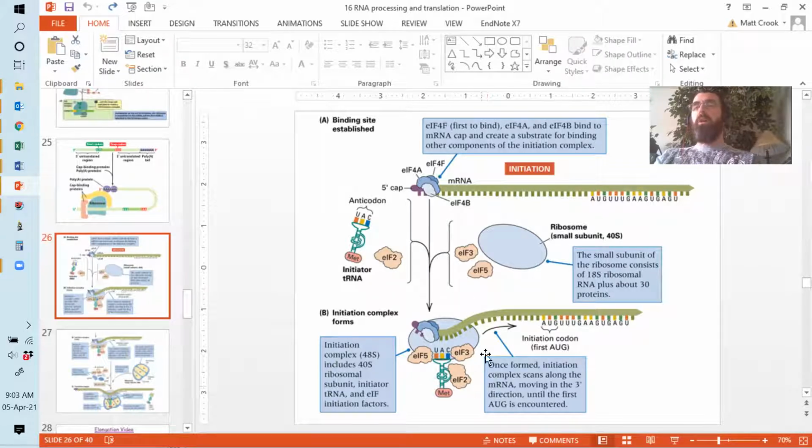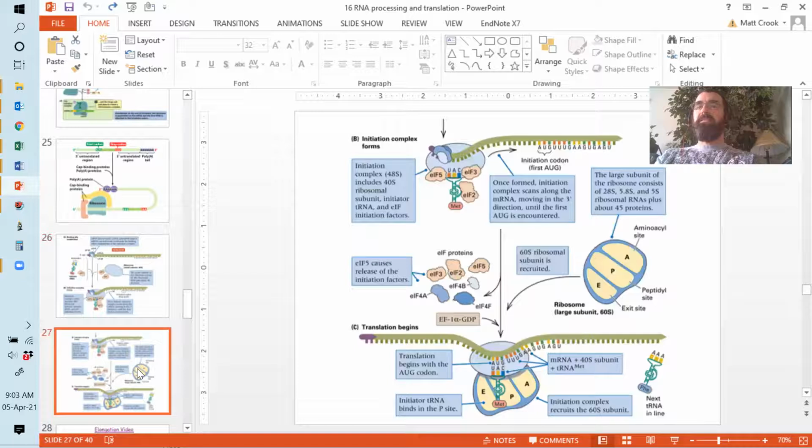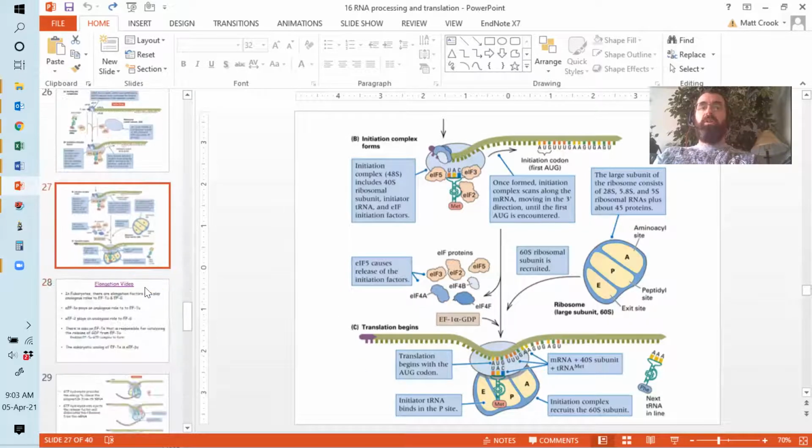Then that whole complex scans along the 5' UTR until the methionine tRNA, which is attached to the small subunit, finds an AUG, essentially like a barcode scanner. And then all of this stuff assembles.